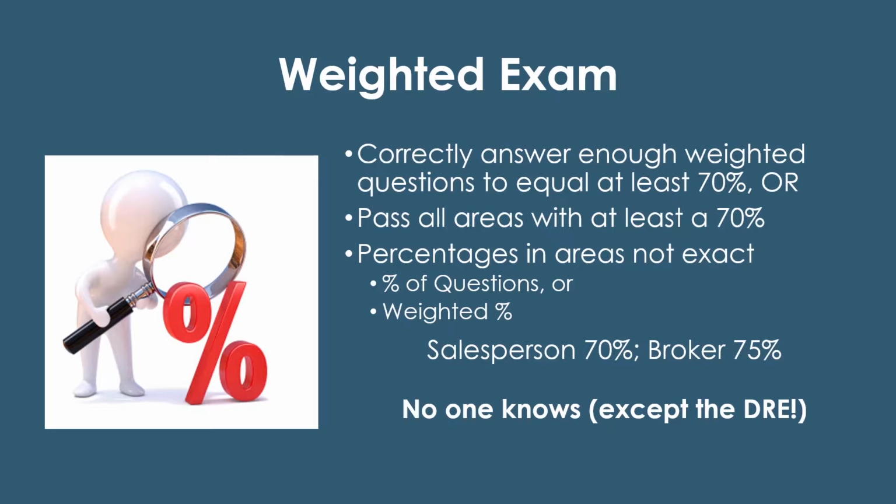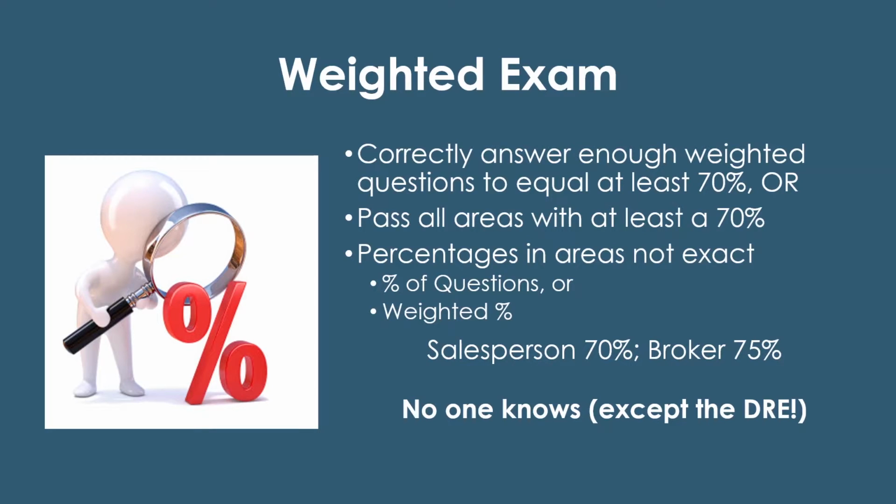Well, the percentages in areas are not exact, they're just approximations. For instance, area 2, which is agency, is 17% of the exam. Well, they say 17%. That could be the percentage of questions. So if there are 150 questions, 17% of them could be regarding agency.